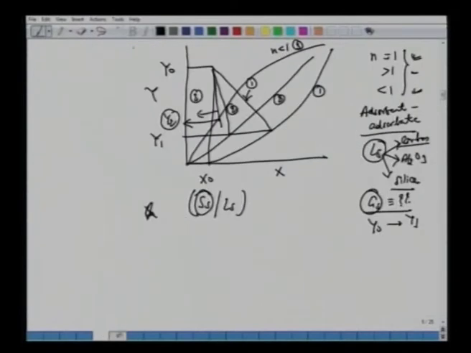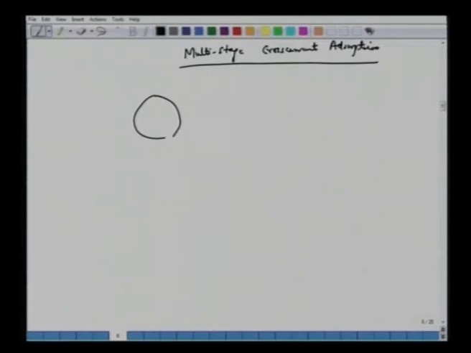Now we take multi-stage, so this is your single stage here. Now let's take multi-stage cross current adsorption. So you have stage 1, we have stage 2, with Ls and Y0.